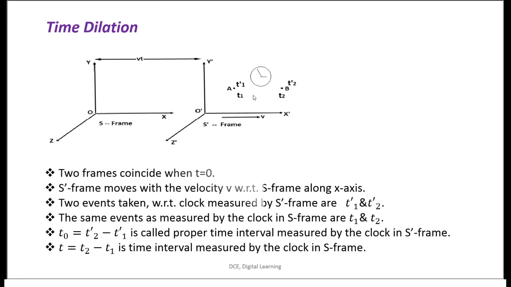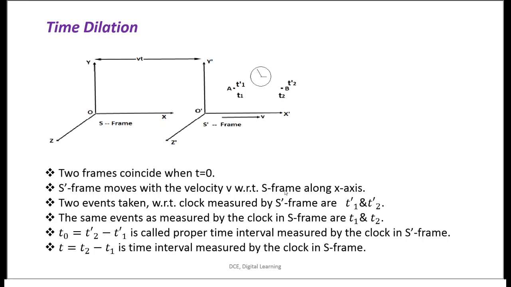Here the two frames are coinciding at t equal to 0. S prime frame is moving with the velocity v with respect to S frame along the x-axis. We are seeing that the frame S prime is moving along the x-axis only.